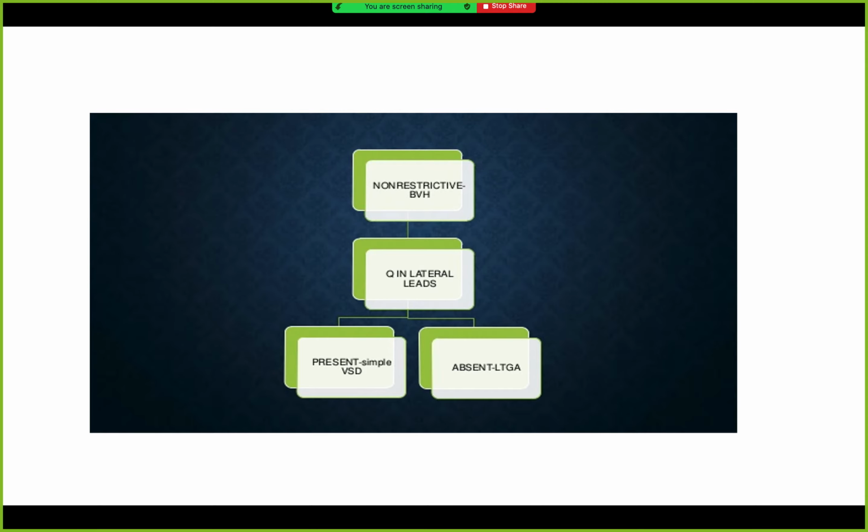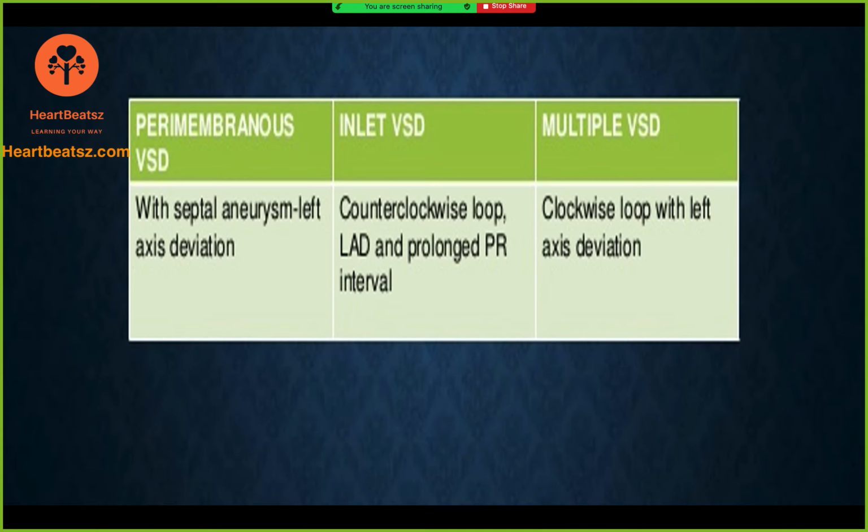so that's what I was trying to tell, isn't it? So what do we notice in this one? There are other ways to define the perimembranous VSD as well. For example, it can be inlet VSD, multiple VSD, or perimembranous VSD. For the perimembranous VSD, because they can be associated with septal aneurysm, one can expect a left axis deviation.